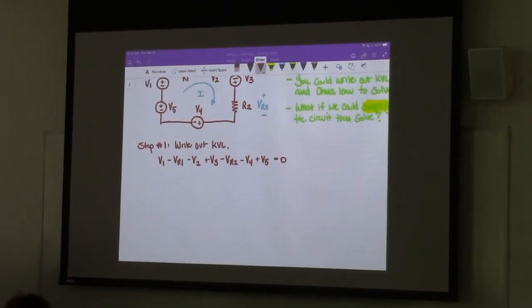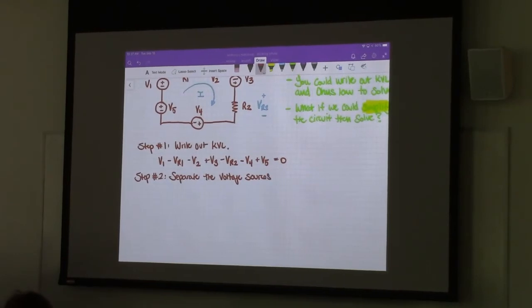Okay, and what I can do, I'm going to separate the voltage sources from the elements that are associated with the resistors.